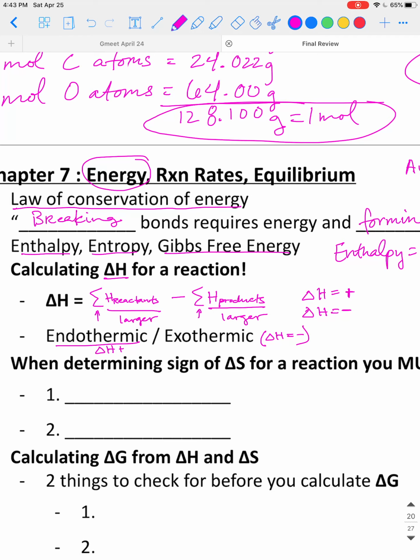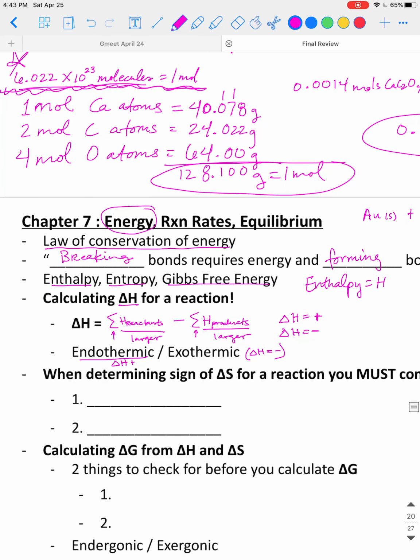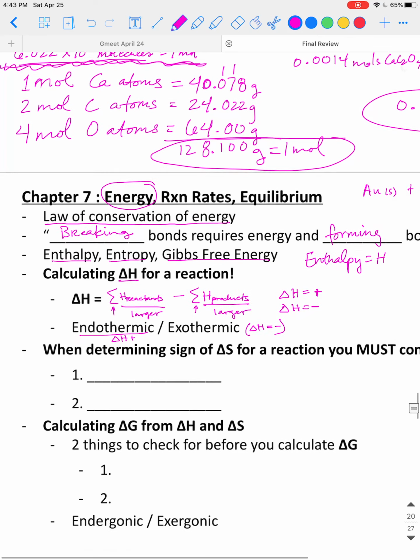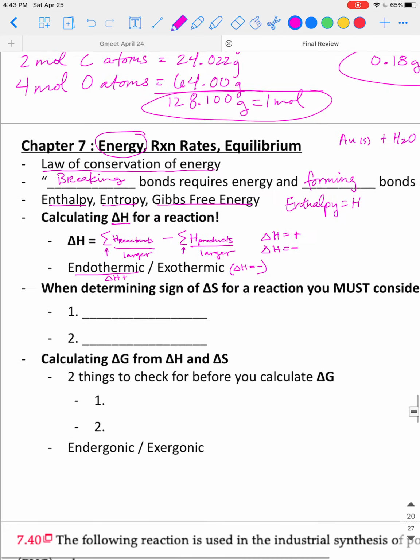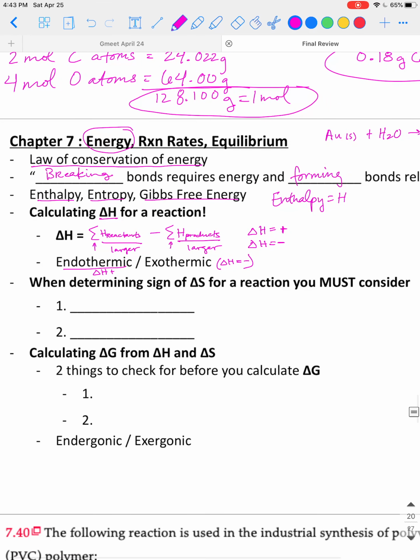It means we're giving off energy overall. Okay, endothermic, you're absorbing energy overall. Exothermic, you're giving off energy overall. We always view things from the viewpoint or the standpoint of the system, which is our chemical reaction. In this case, we are the surroundings, but we're viewing things from the viewpoint of our chemical reaction.